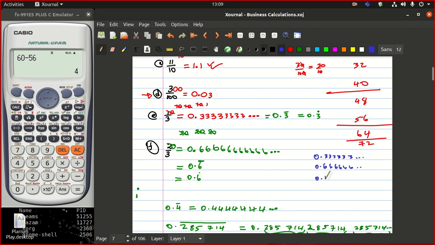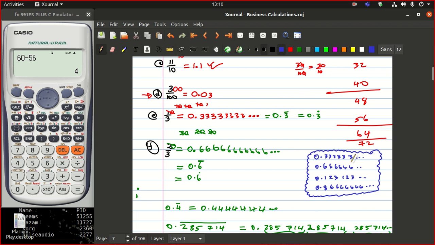Or I have 0.123 123, and then it continues. Or I have 0.8 and then 6 6 6 6 6 6 6 throughout, so the 6 continues. Can you convert this to a fraction? Because this is a decimal. Can you convert this to a proper fraction? That is the task that I want to give you.